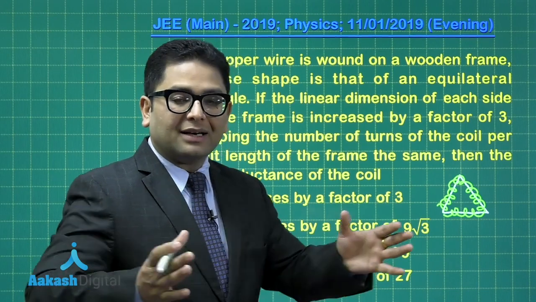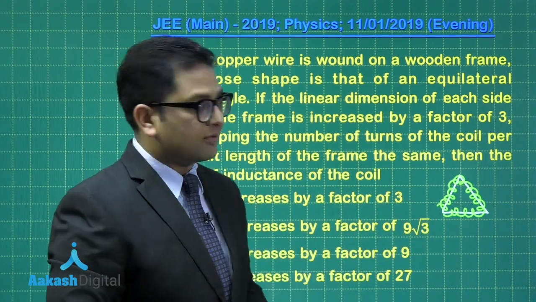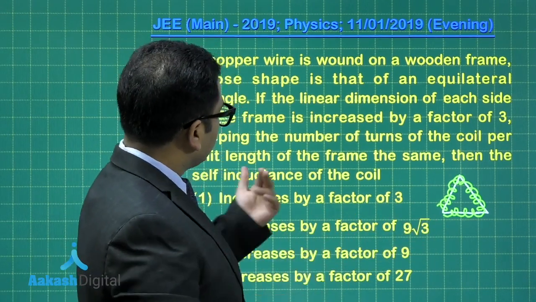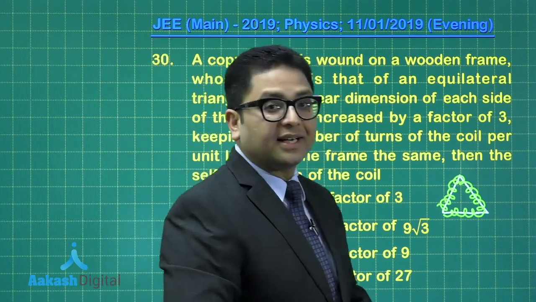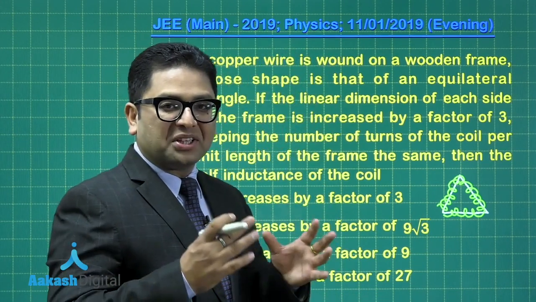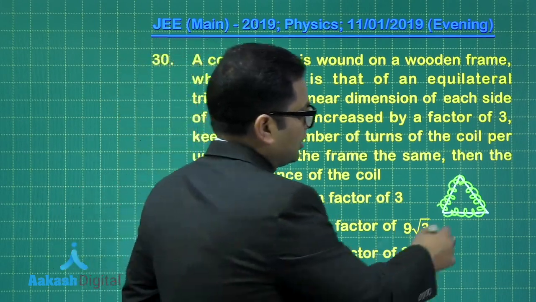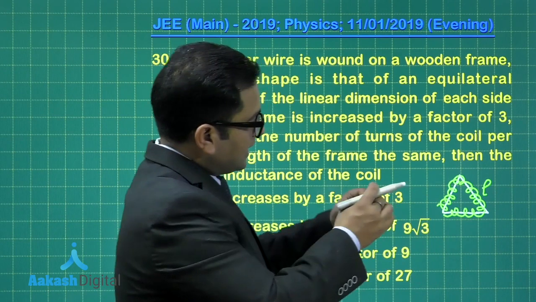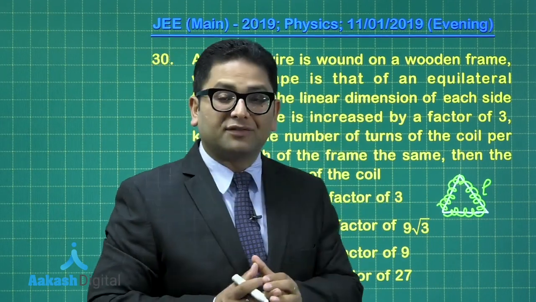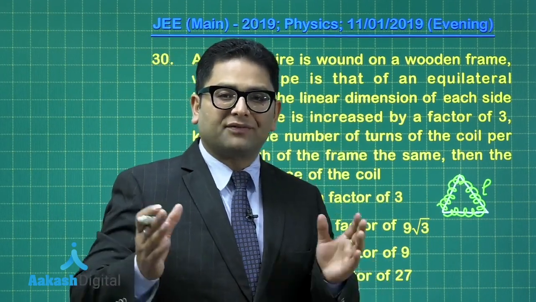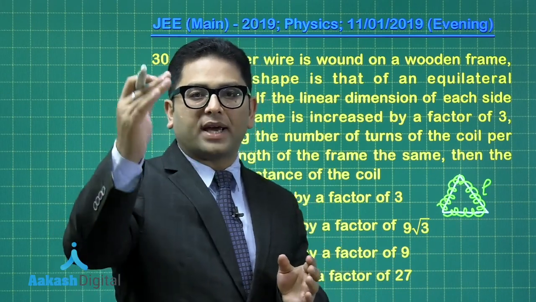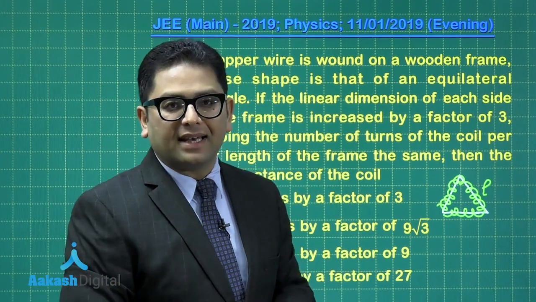That means when the length increases, the number of turns also increases proportionately. You need to see how does self-inductance change. Now this may be a bit tricky, but if I call this length as l, l is the length of the side of the triangle. Self-inductance, if you see the formula, mu naught n square area multiplied by length.